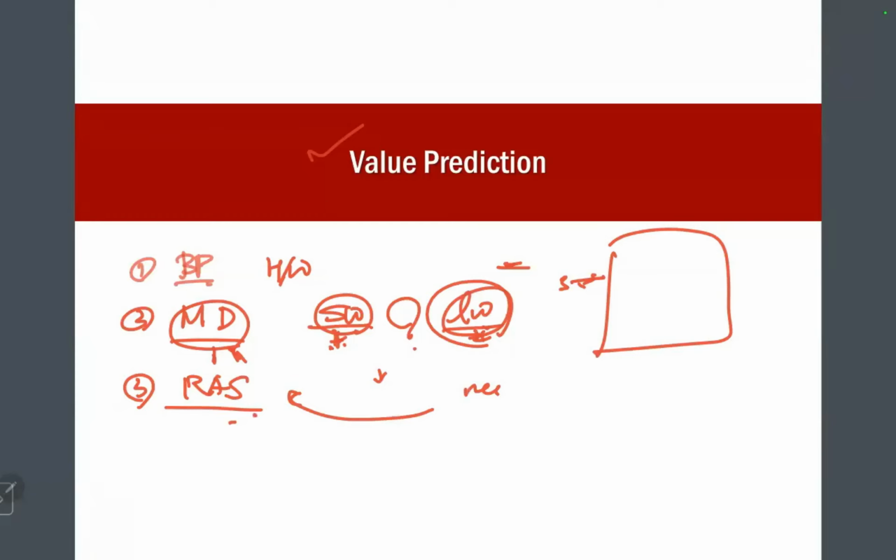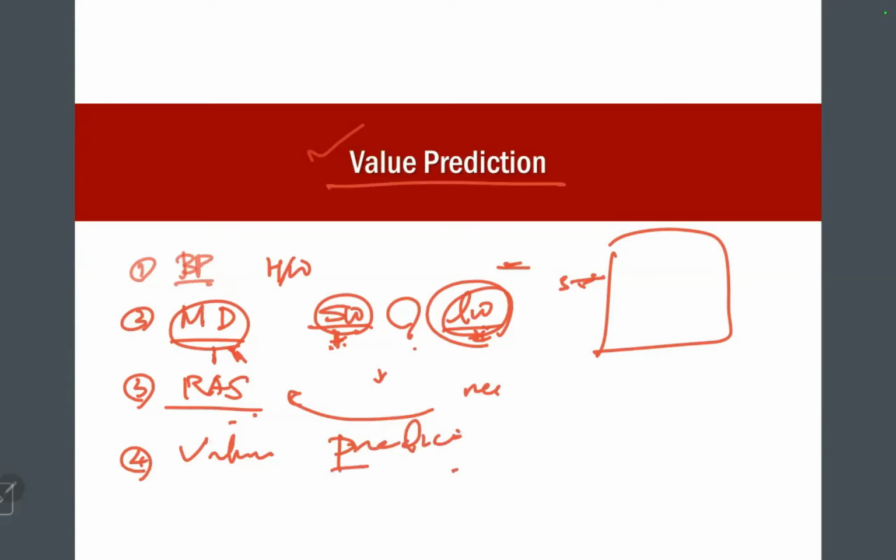If the return address stack is full, the predicted return address can be different. And another prediction is value prediction.